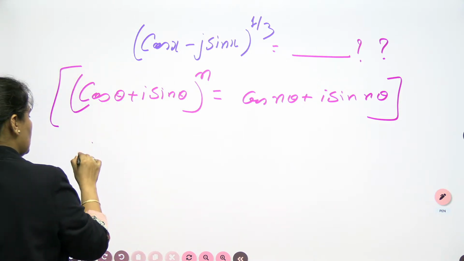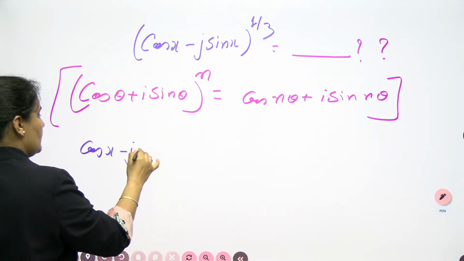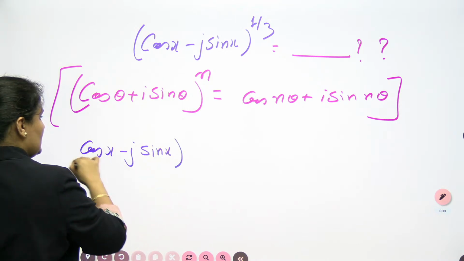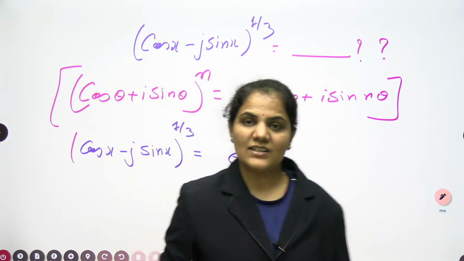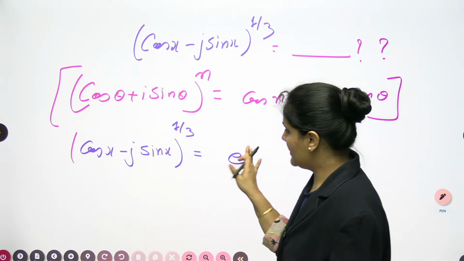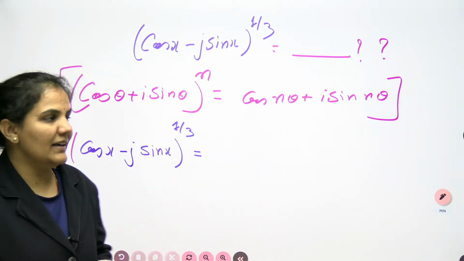So what I can do now, this question, first of all, we can write down cos x minus j sin x power 1/3. We can write this as e to the power, this actually we are having negative here.